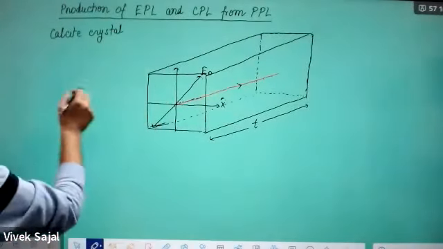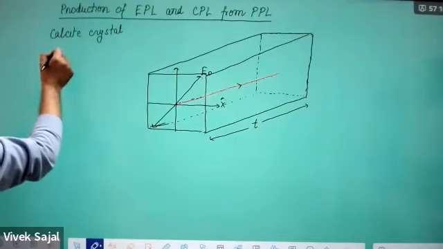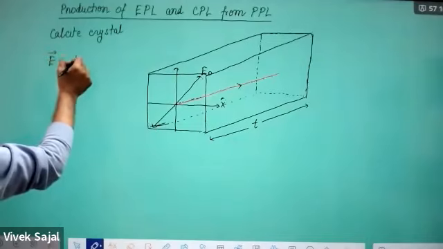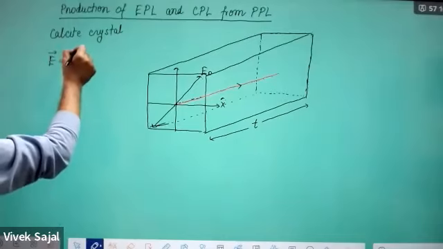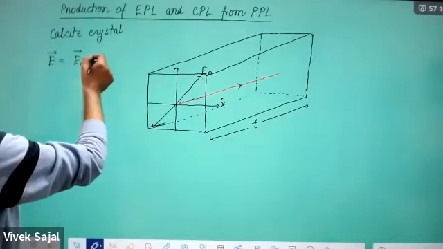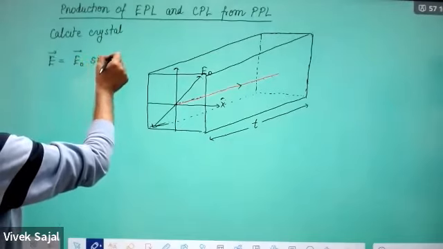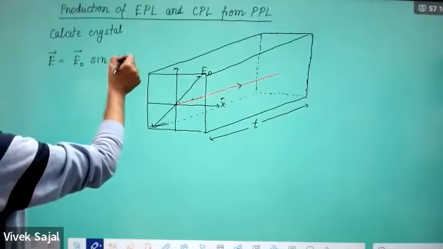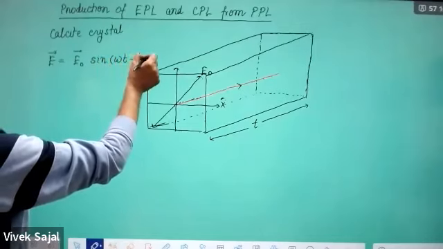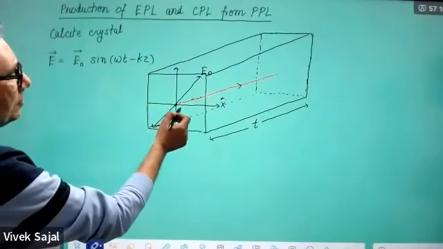So try to understand like this. Your electric vector E is E naught sine of omega t minus kz. I'm saying this is z equal to 0.